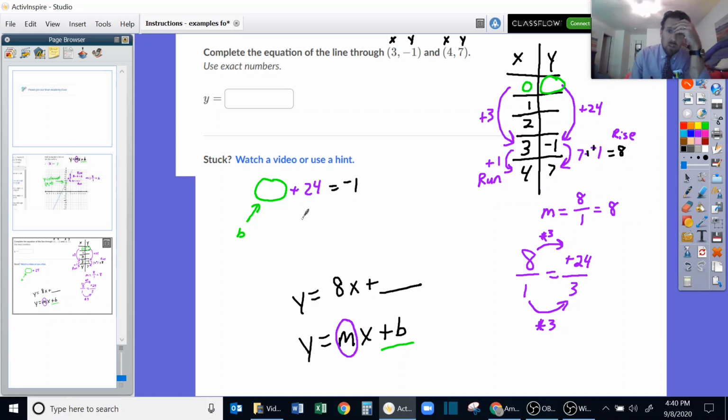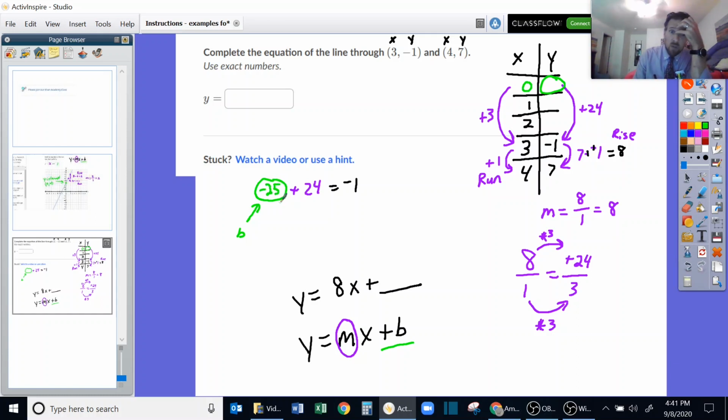Well, this is sort of an algebra problem. If I added 24 to this starting point, and it got me up to -1, it must have been way down in the negatives. So I'm going to subtract off, going 24 more down into the negative. That means that this b must have been negative 25.